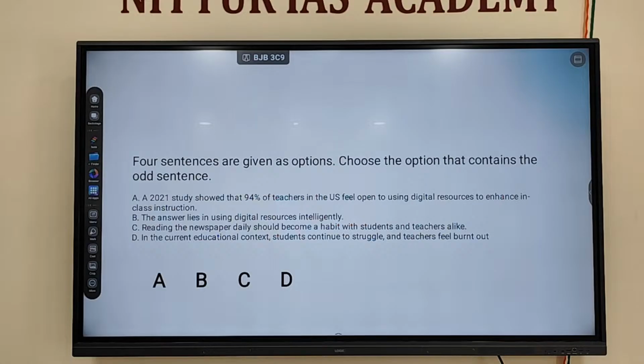See? How many of us feel C is the answer? Let me see here because my animations are not working.